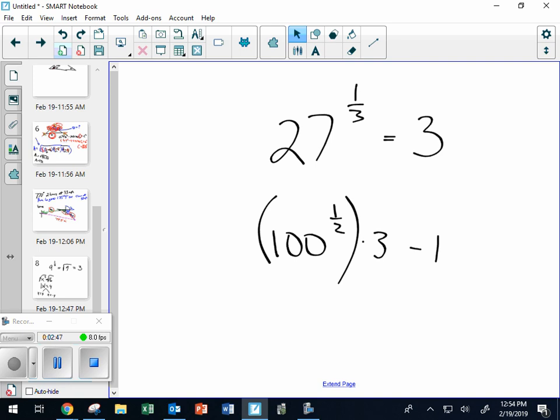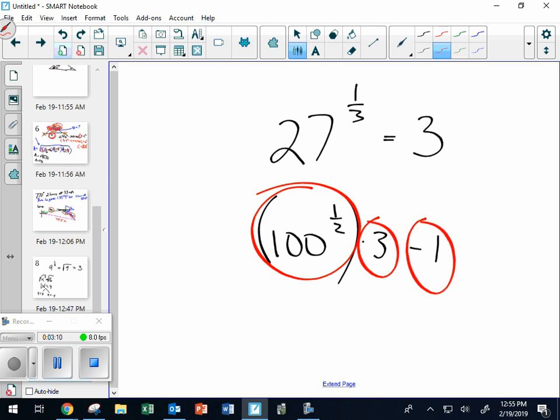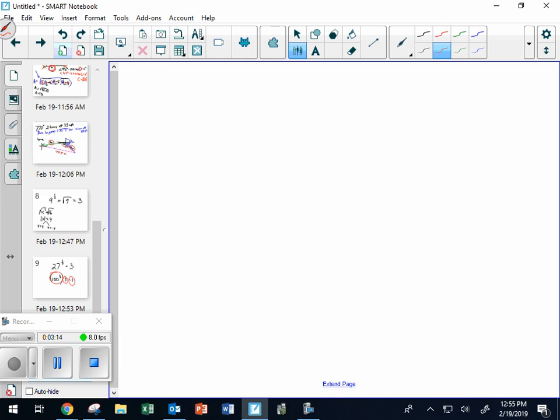Is 100 to the 1/2 different than a parenthesis around it? 100 to the 1/2, you wouldn't need those parentheses right there because the answer would be the same. If there was a negative involved, then it would absolutely make the answer different. So, all right. What's the square root of 100? Times 3 is? Minus 1 is? 29. Okay. All right. How about this one?